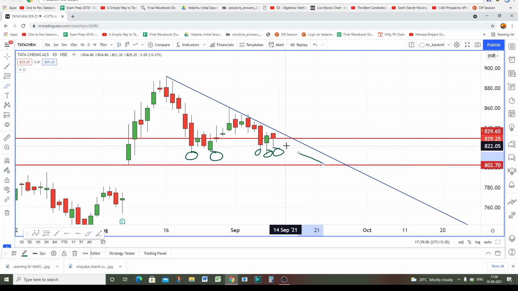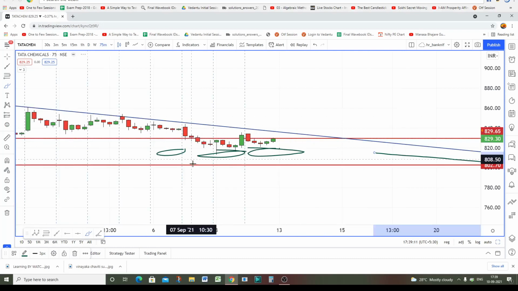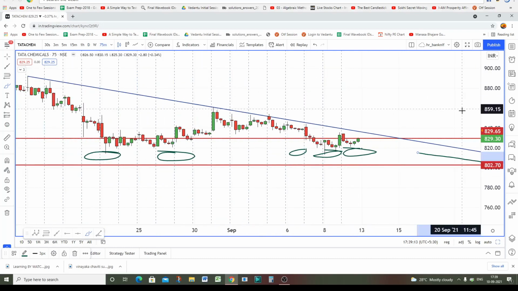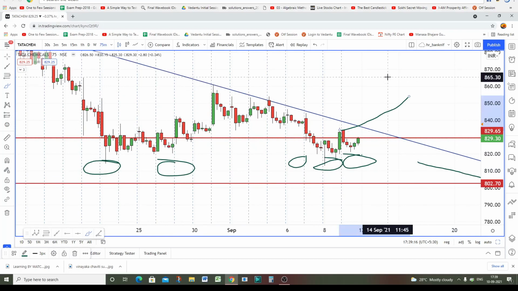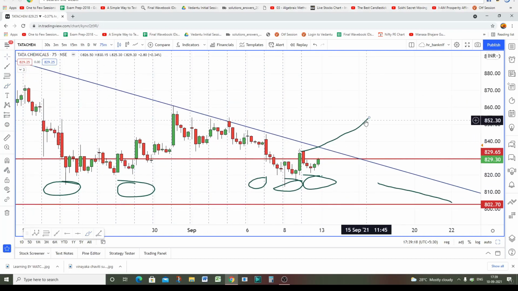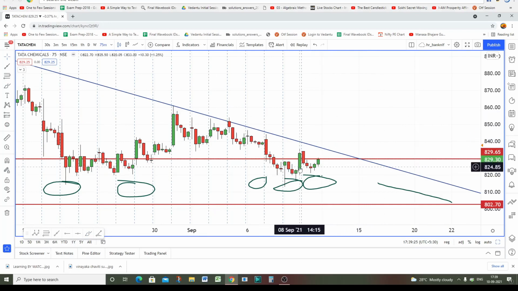Even if I move to a still lower time frame, the 75 minutes time frame, from this we understand that here it is a good time to buy. I view that this stock has good strength, though it comes back to a lower level. 820 is acting as the best support, so it can move in the upward direction, and even now this stock is looking good.